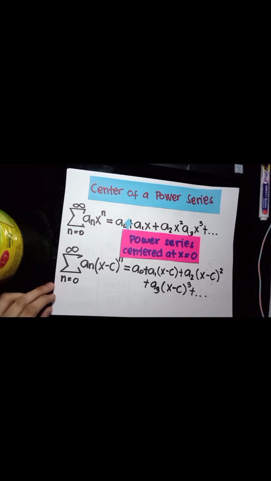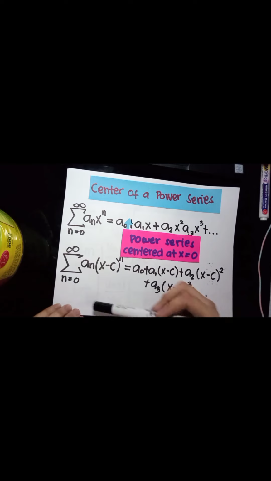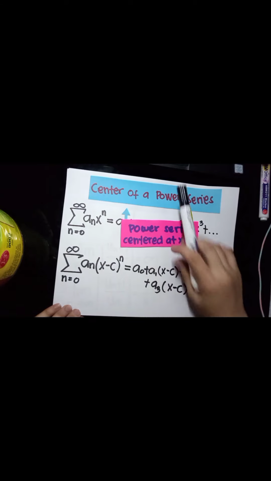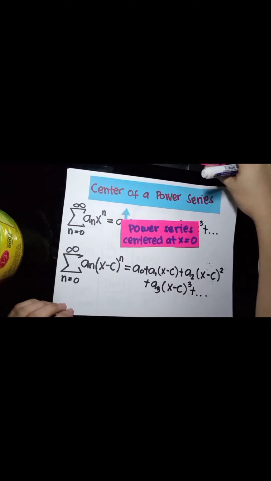And if we're looking at a different type of power series, the sum from 0 to infinity of a sub n times the quantity x minus c to the n, that is a power series centered at x equals c.